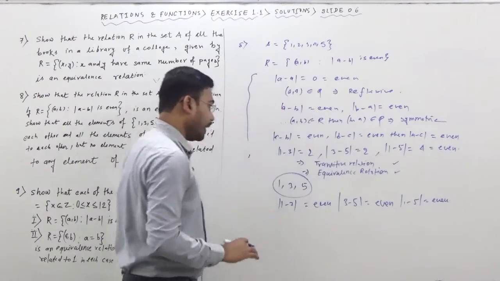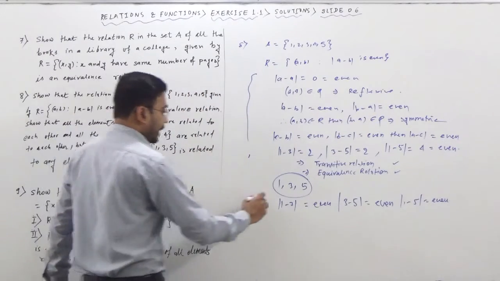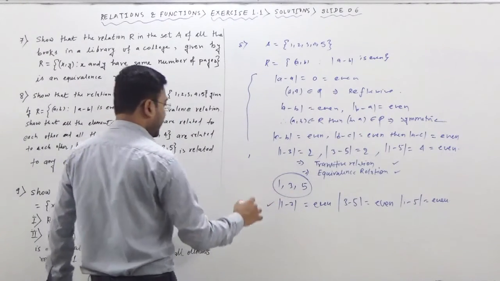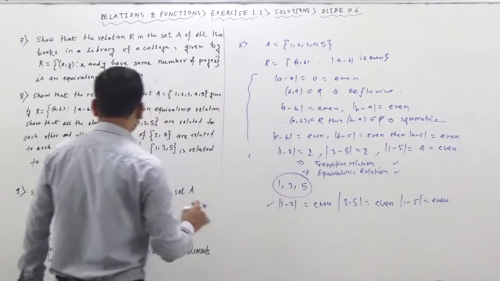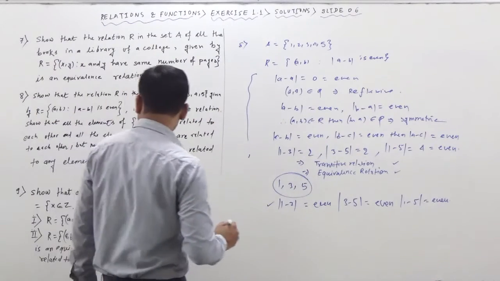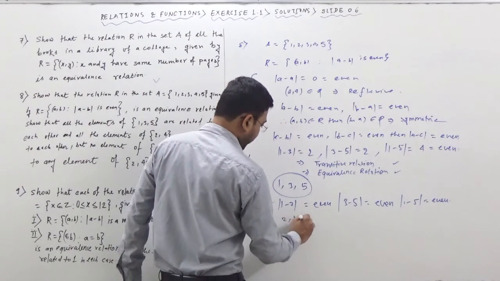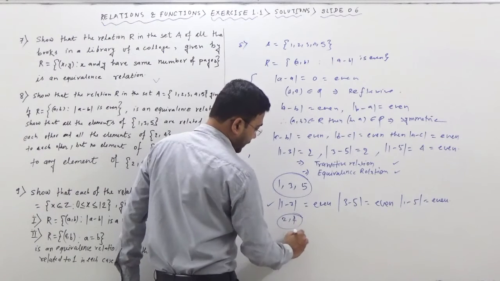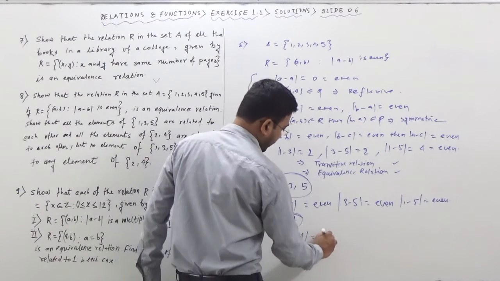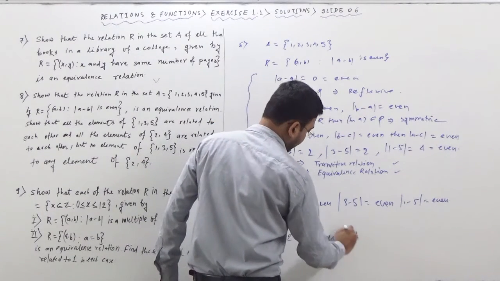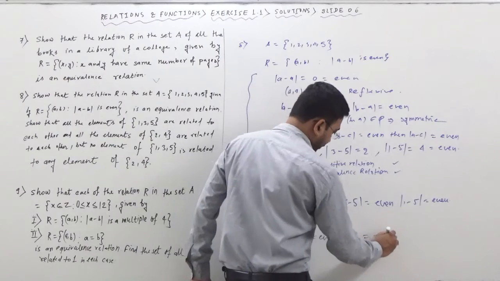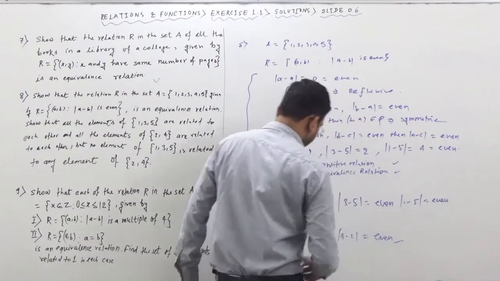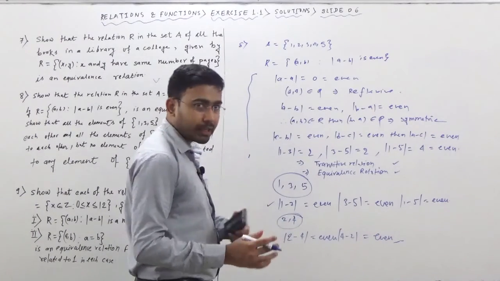We have seen, okay, so in each of the cases we are getting even. So of course we will write that all these elements are related to each other. Now 2, 4 are also related to each other. When we are talking about 2, 4, again we can check 2 minus 4, this is going to be even. 4 minus 2 is again going to be even, that is 2, but that is even. So it is related, we will write that 2 comma 4 is also related to each other.